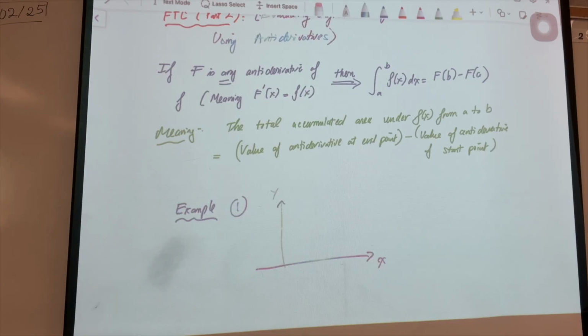Let's keep changing it. Why are you obsessed with drawing that? Let me give some piecewise function. Alright, this is the f of x. Approximate.